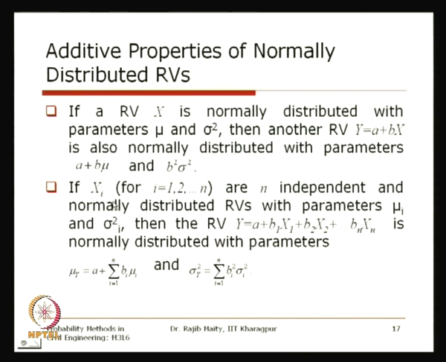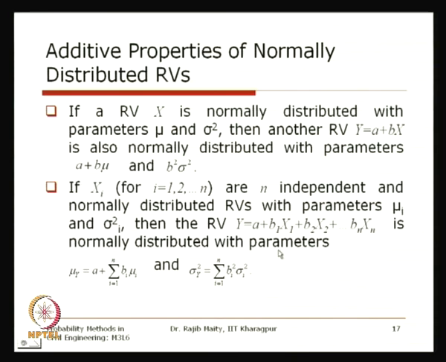Similarly, if there are n such normally distributed random variables, and if we can say that these are independent of each other, then if we create another new random variable y equals a plus b1 multiplied by x1, b2 multiplied by x2, similarly up to bn multiplied by xn, then this y will also be normally distributed.